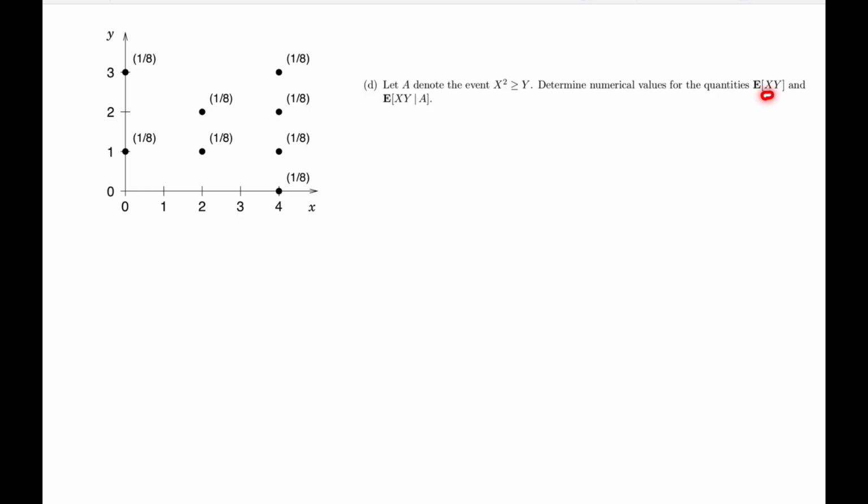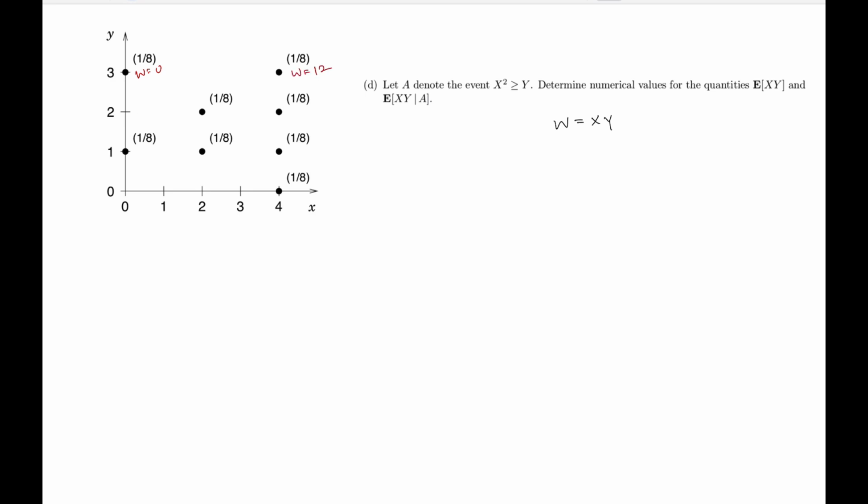Here we have been given the product of two random variables. So let's define another random variable w, that is the product of these two random variables x and y. What are the values that w can take? We can simply go through all the possible pairs and their products. Here the product will be 0, so w will take the value 0, and here the product will be 12, so w will take the value 12.